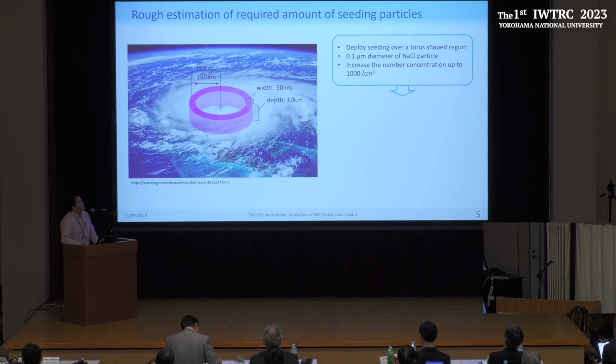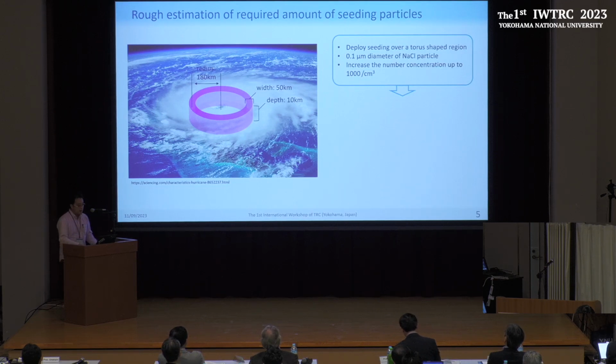So we need to think about the estimation of the seeding materials to realize our operation realistically. Here I'd like to give a rough estimation of the required amount of seeding particles. The left-hand side image is an operation image. Let me assume that we deploy the seeding over the torus-shaped region, these pink areas, the depth all the way to 10 kilometers.